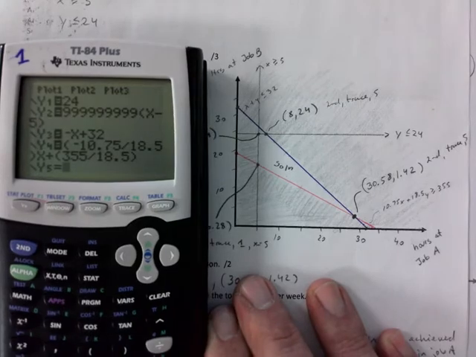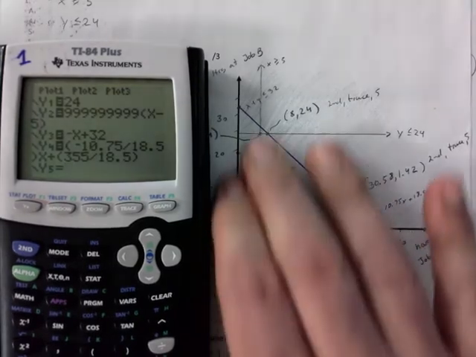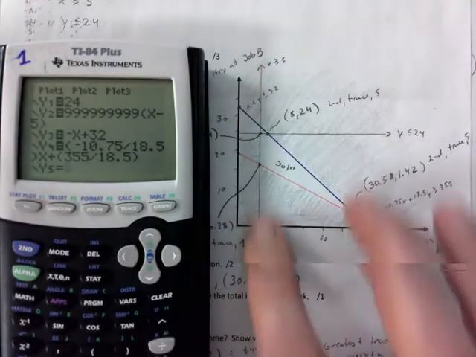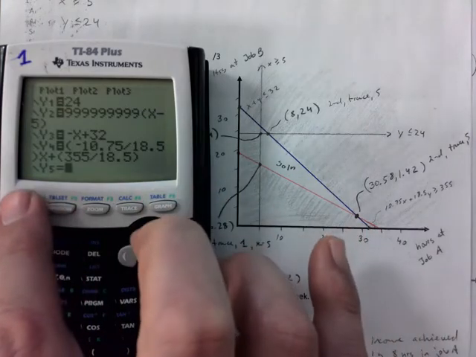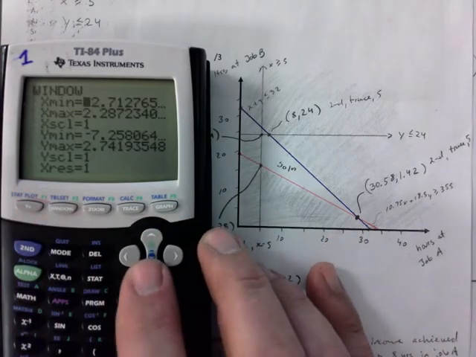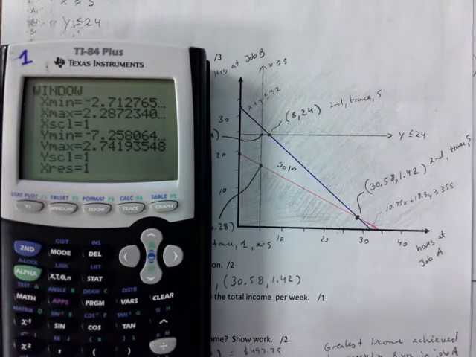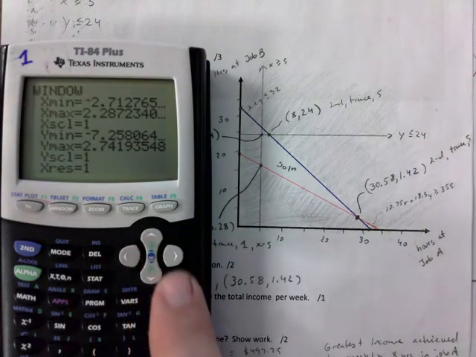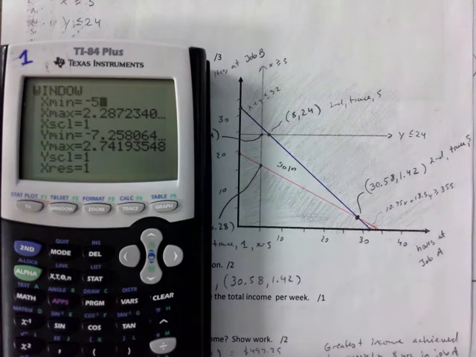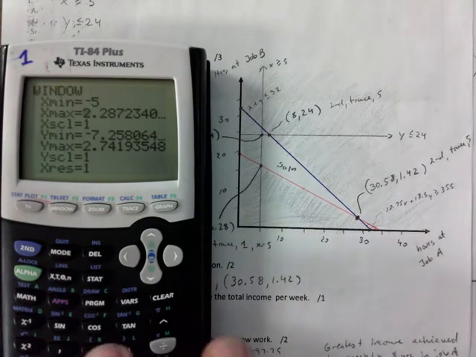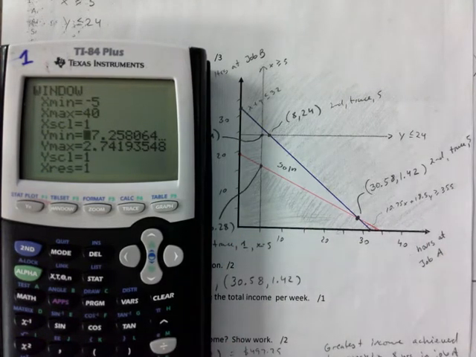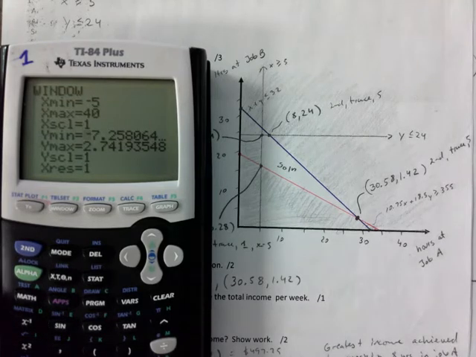okay, I'm going by my intercepts, okay? So you go window. What happened there? Oh, that's because I zoomed in earlier. So don't let that scare you, okay? I'm going to go X max to 40. And what do I need to do with my Y min? I need to go at least negative 30 or 40 or something like that.